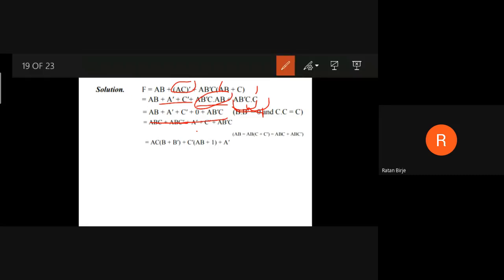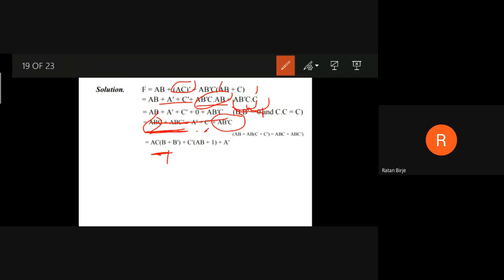Next I'll go with AC. What I have done here, I have taken from ABC and AB bar C. I have taken AC common, then B plus B bar, plus C bar as it is.